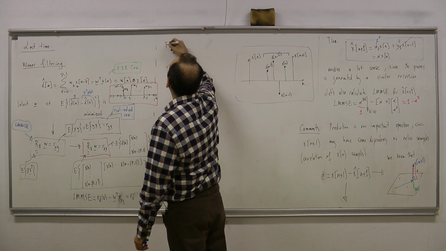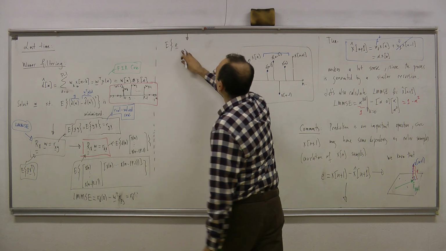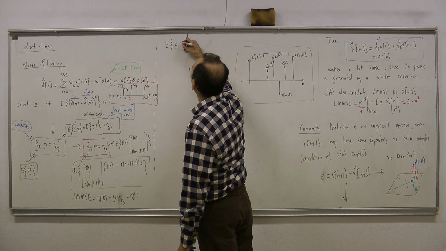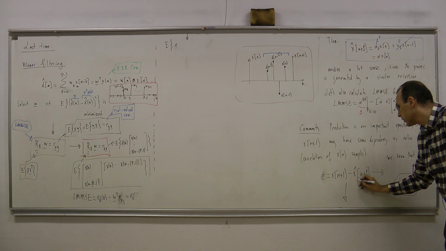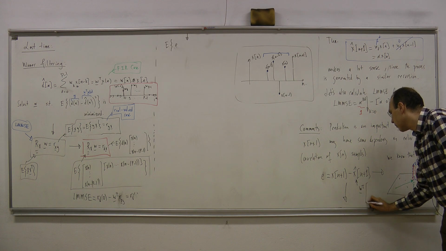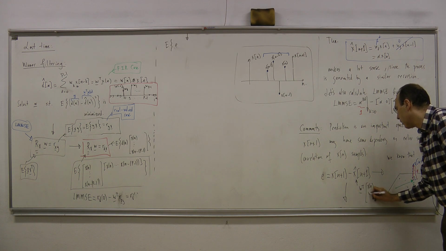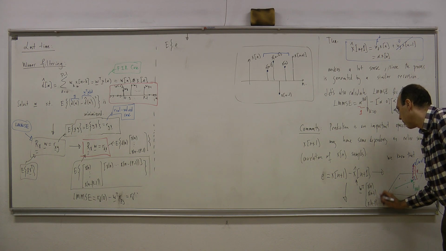So the orthogonality means the expected value of E, this error, is orthogonal to, well, let's say that this predictor is something like W transpose times the vector x of n minus 1 up to x of n minus p.